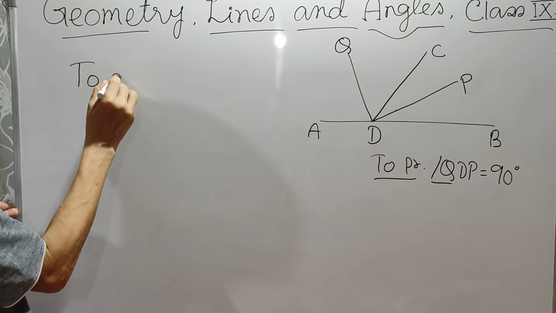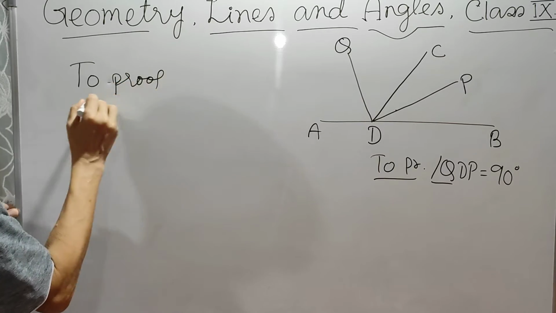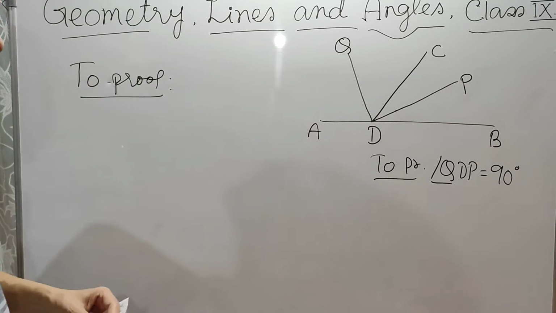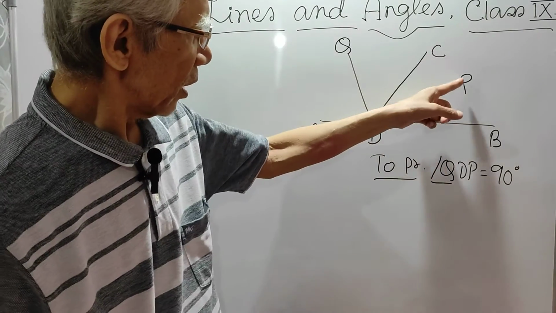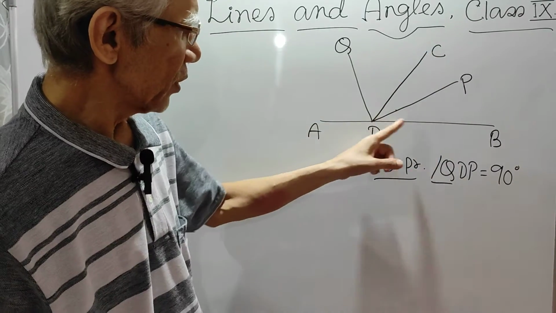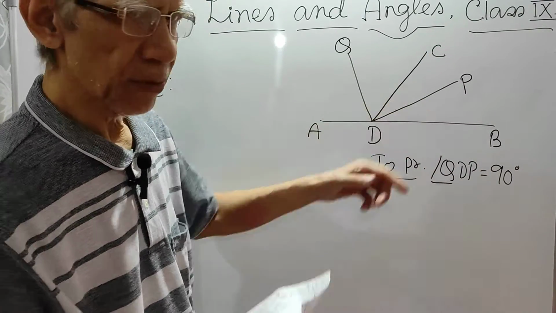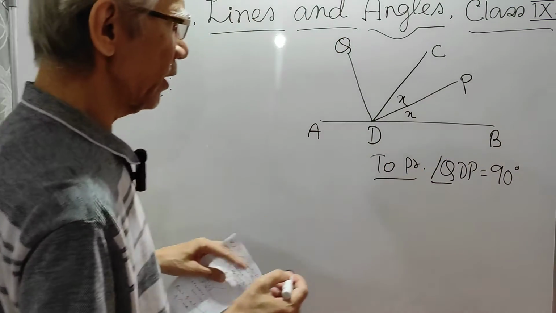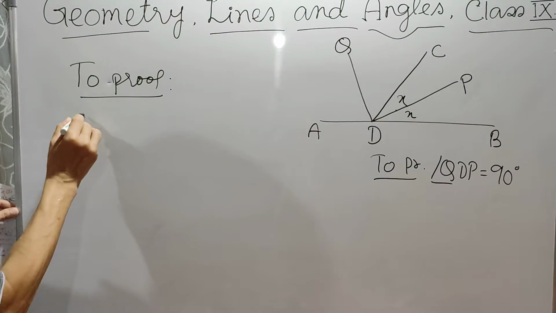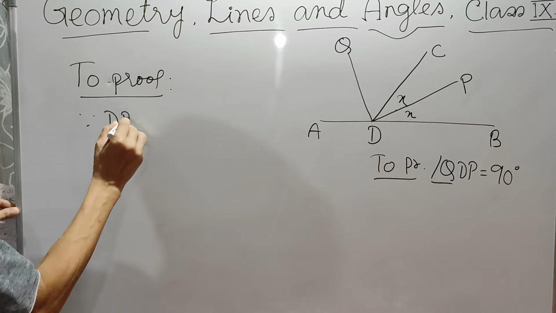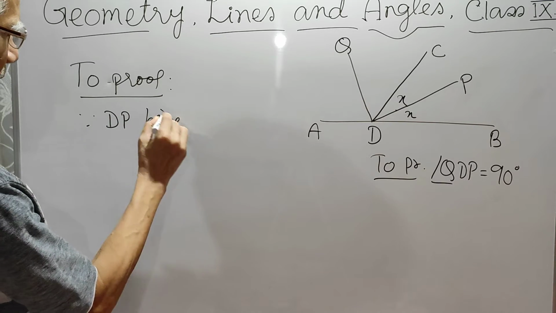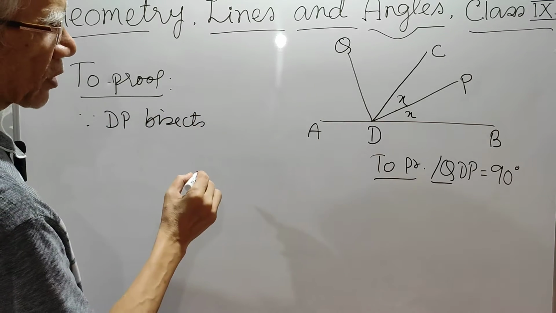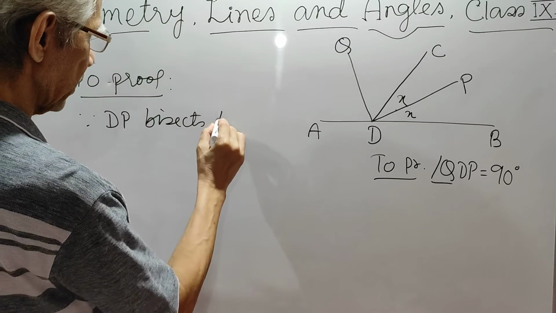Now the proof. Let us see the proof. Now DP is bisector of CDB. Therefore these two angles are equal. So again for convenience let us say this is x, this is x. Since DP bisects angle CDB.